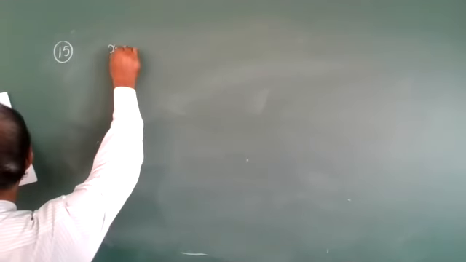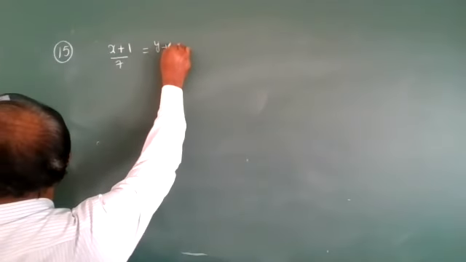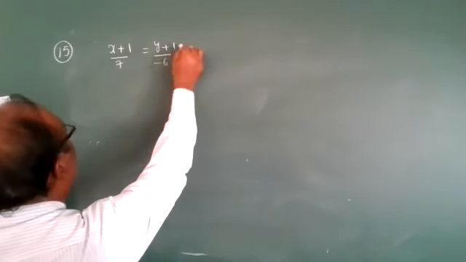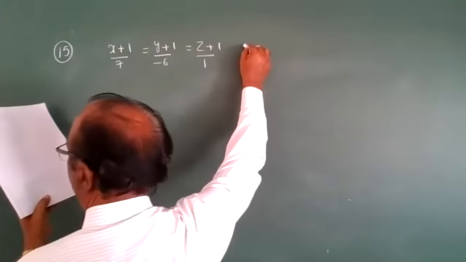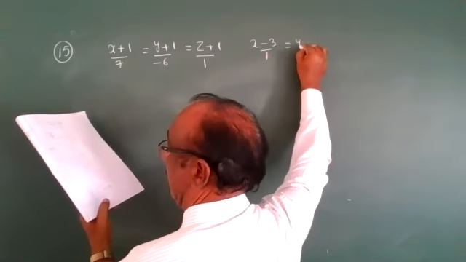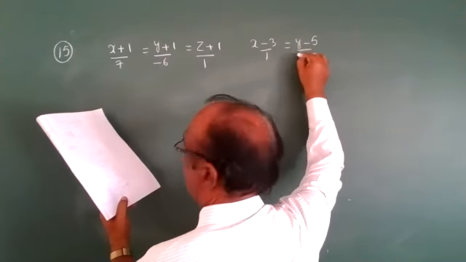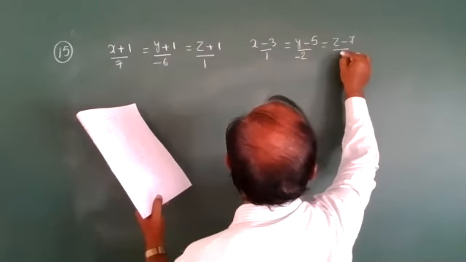The lines are (x plus 1) by 7, (y plus 1) by -6, (z plus 1) by 1, and another line (x minus 3) by 1, (y minus 5) by -2, and (z minus 7) by 1.